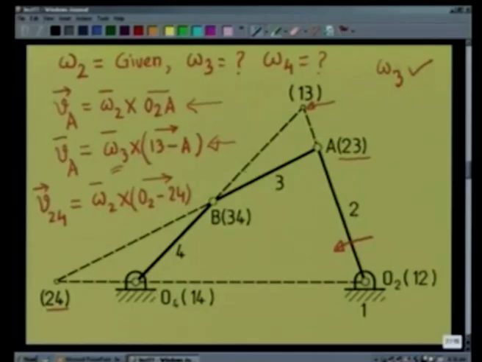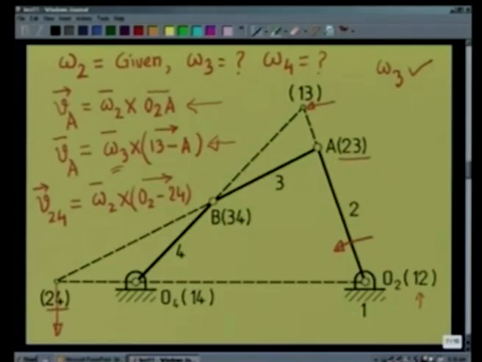Because link 2 is rotating about the point O2, which is 1 2. As omega 2 is given, I can find out the velocity of this point. For counterclockwise velocity of link 2, it will be in this direction perpendicular to this line, and the magnitude I can find out. Now, let me consider the same point 2 4 as a point on body 4, and I must get the same velocity.